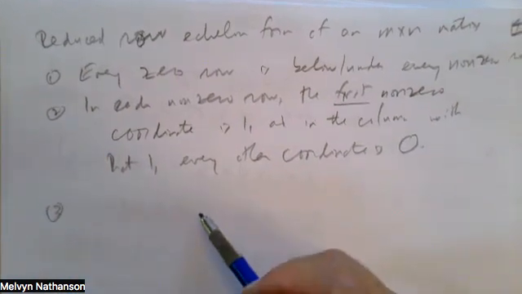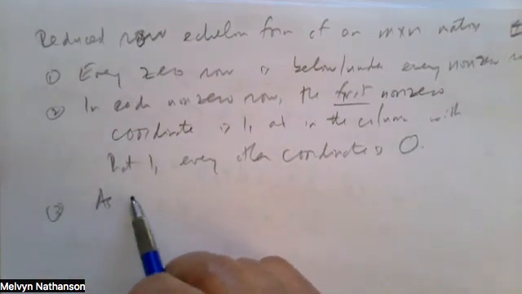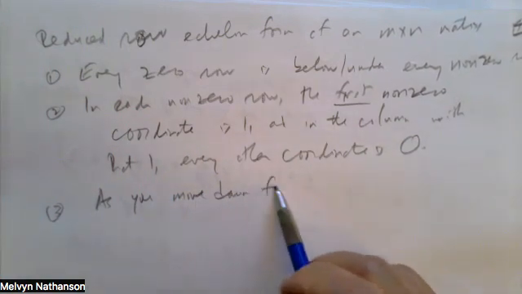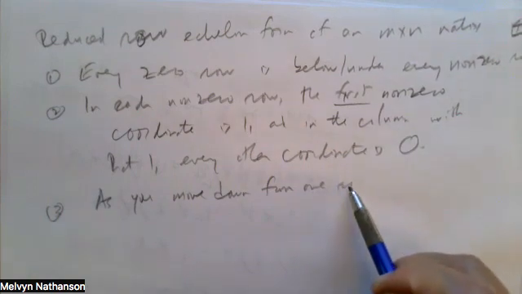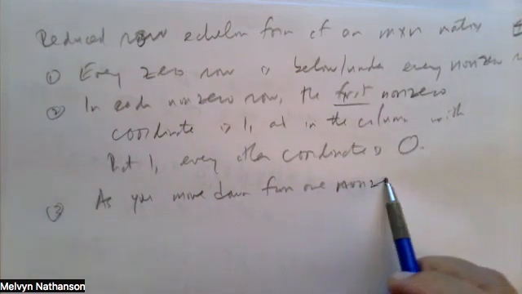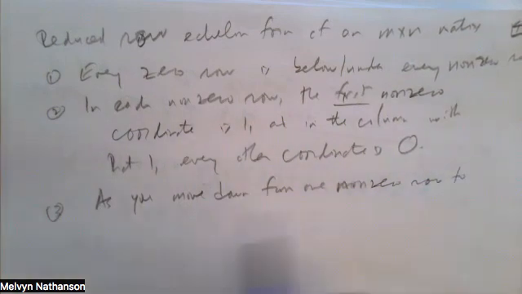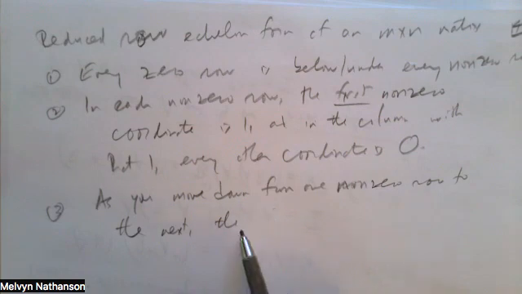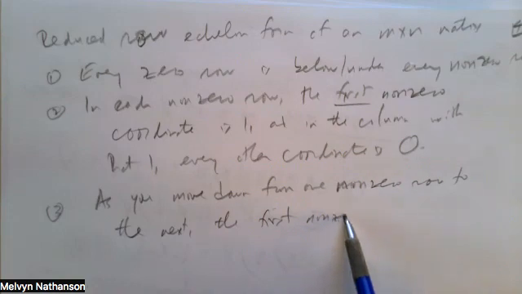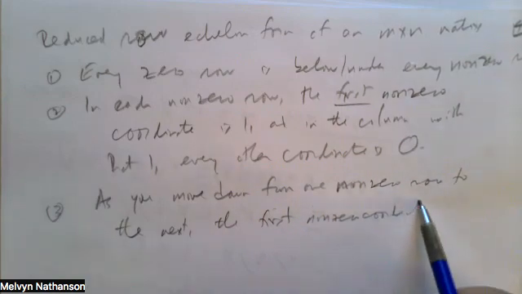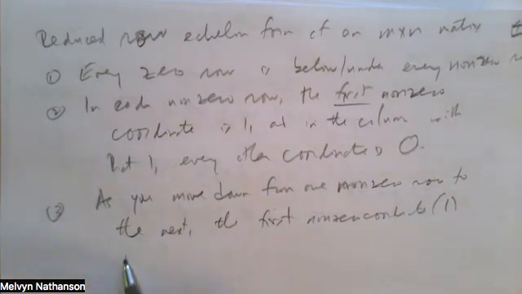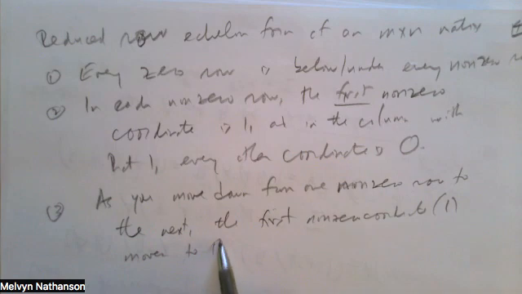And third, as you move down the matrix from one non-zero row to the next, the first non-zero coordinate, which is a 1, moves to the right.